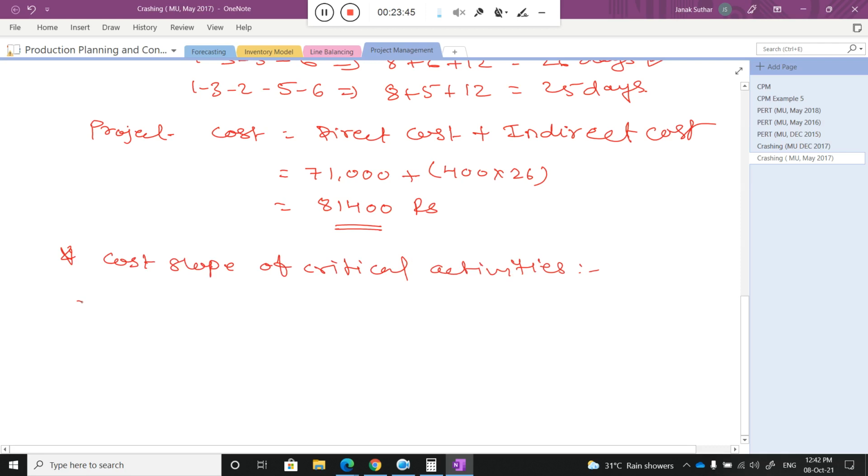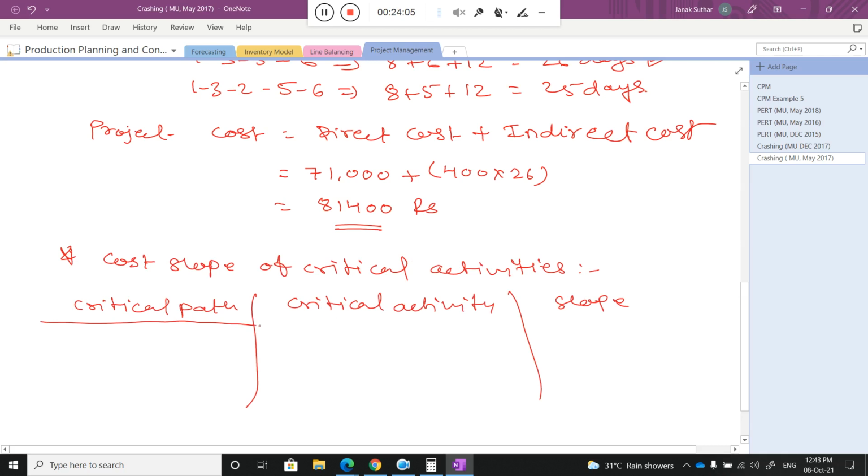Here the critical path, you know, we just calculated. Just wait, I will check. And then the critical activity, and the next point is the slope or cost slope.